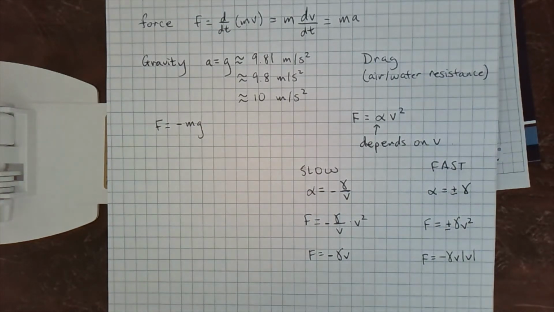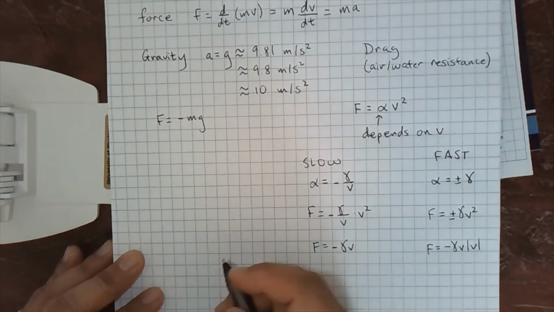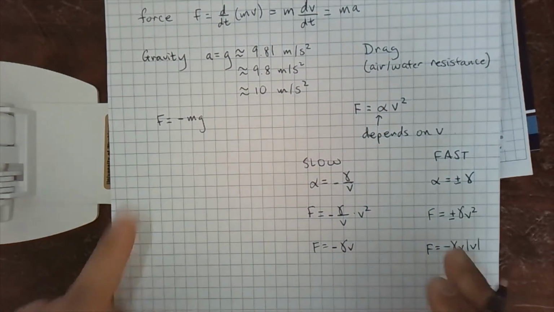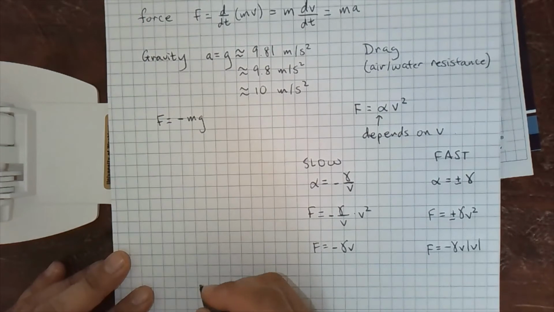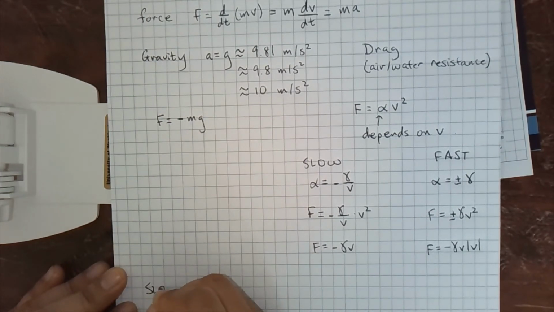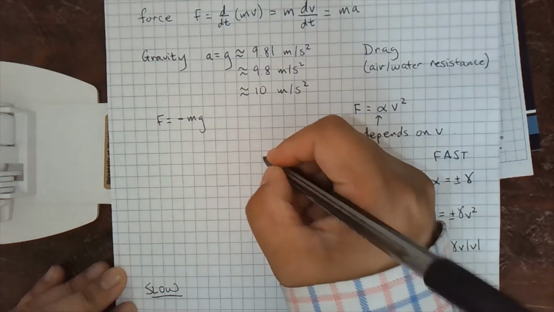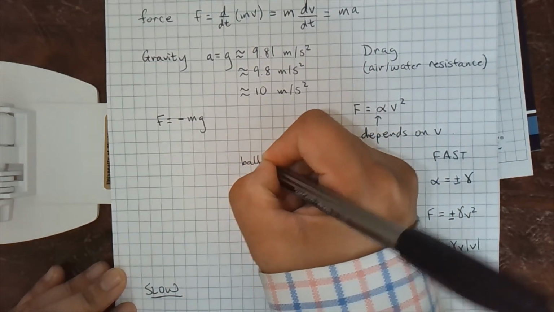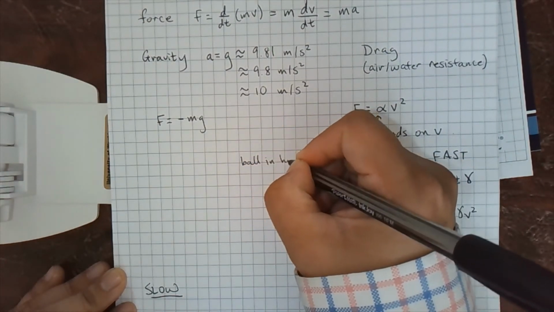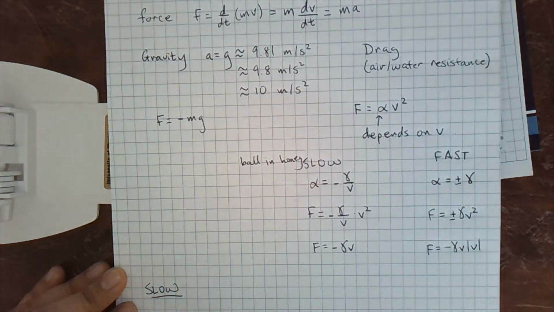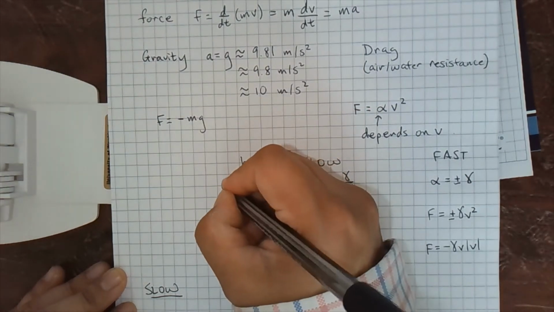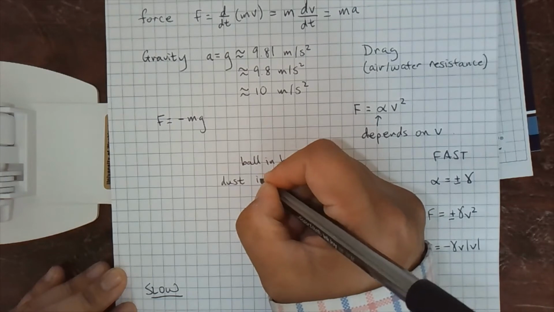So let's just see what can happen here. If we combine gravity and drag in one scenario, and we do this slow, and slow, by the way, means very slow, like a ball moving in honey. Think of how quickly that is. Or dust particles moving in air.